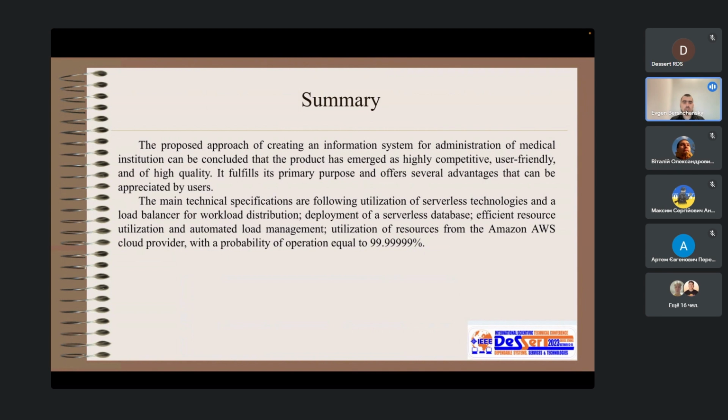Also, we have a load balancer to distribute our workloads between different application copies and to stabilize our system and to have operational support of 99.9. We used a cloud provider, Amazon AWS.